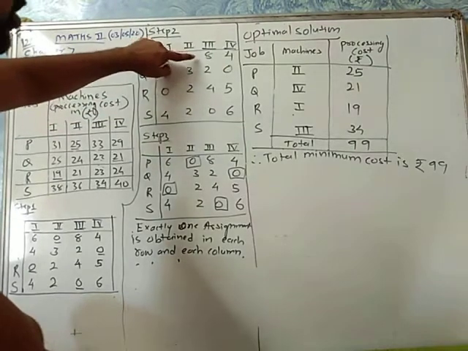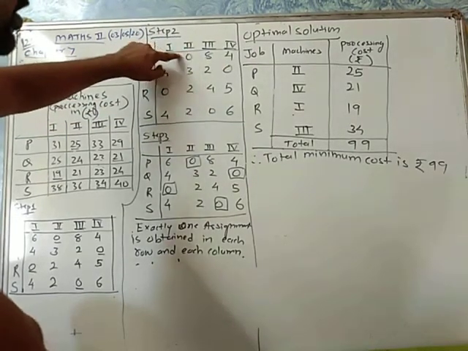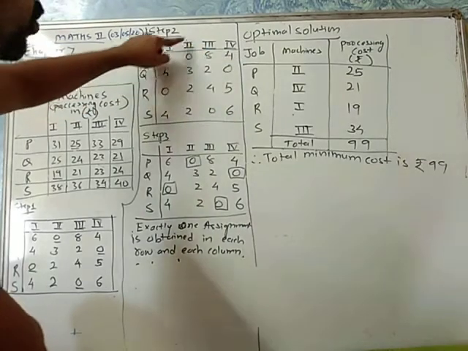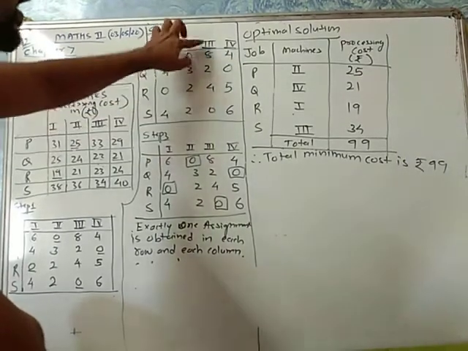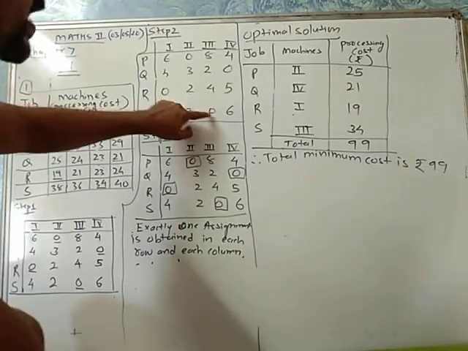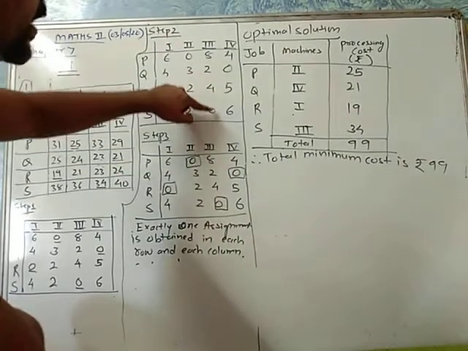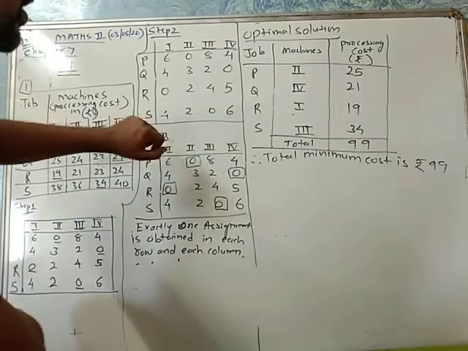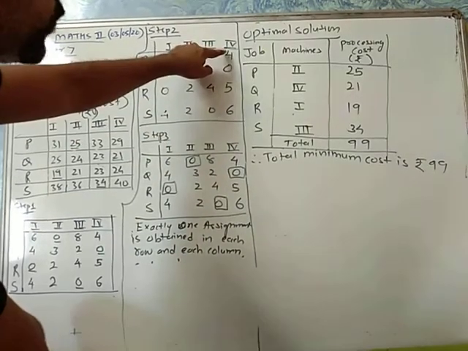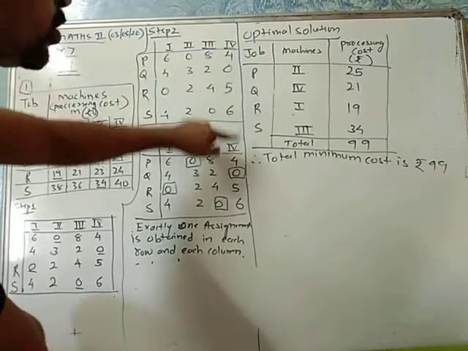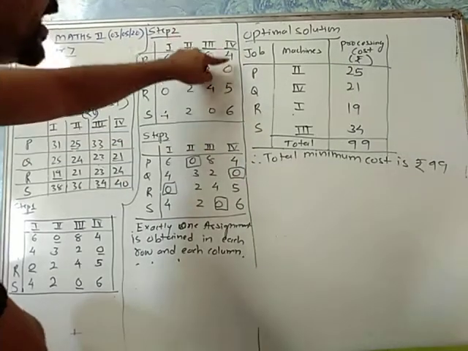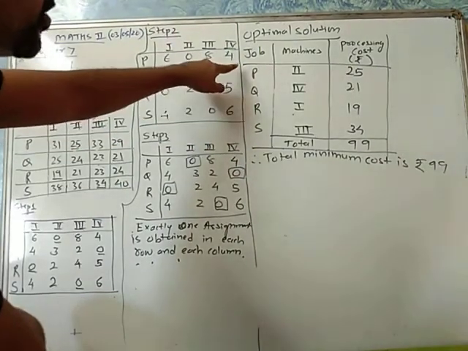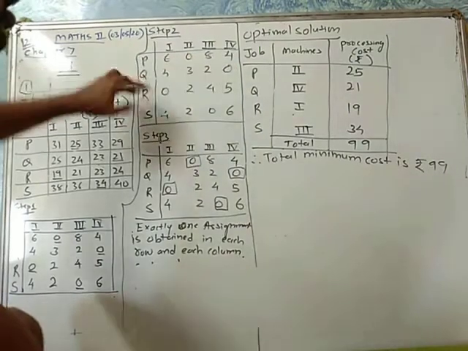In the third row, the single zero is here. When we mark it, there is no other zero in that column and row. And in the fourth column, there is a single zero, so we will mark it, and there is no zero in that particular row and column.